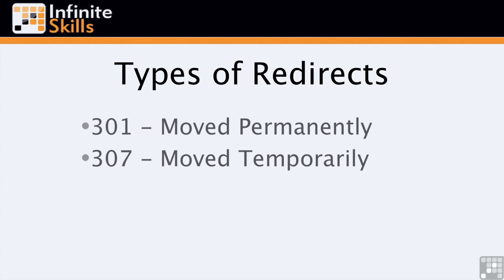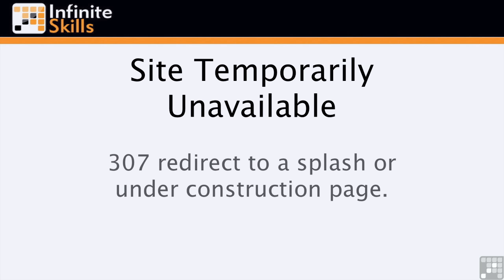So we're going to be looking at two types of redirects today. The 301, which means moved permanently, and the 307, which means moved temporarily. So when your site is temporarily unavailable, let's say, for example, you're rolling out some new features, you're doing some development work, and you want to have a splash page that says under construction, please come back later, some sort of temporary page to just stop users from seeing what you're working on.